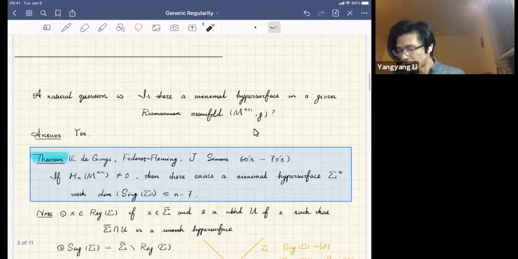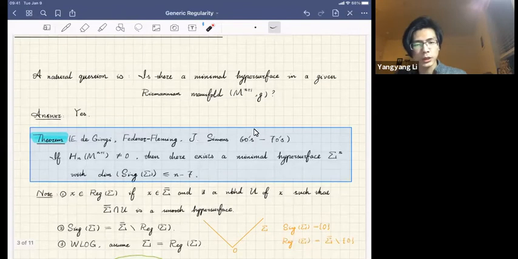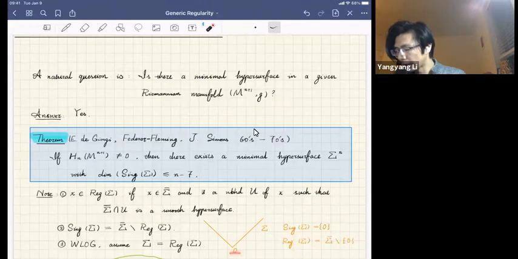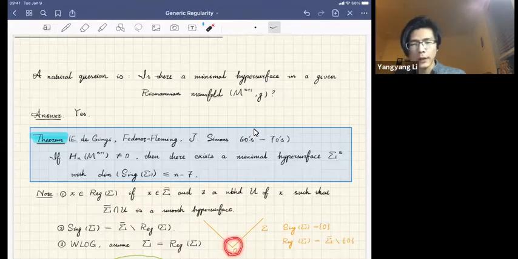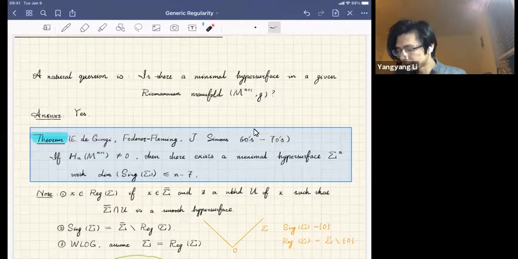And for the rest of the part, the closure of sigma minus the regular part is defined to be the singular set of sigma. Without loss of generality, we can always assume that sigma is identical to its regular part. As you can see here in the picture, if we have a cone, then the singular set is simply the vertex here, and everything else should be the regular part of this hypersurface.